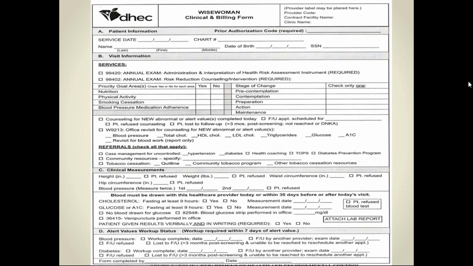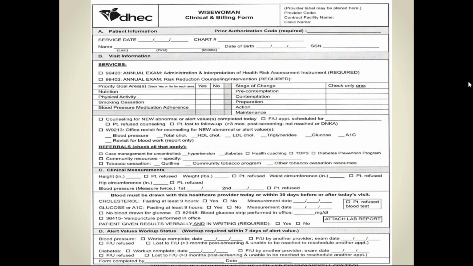That is a code that you would check on a separate form, not with everything else that's completed on the form. This needs to be on a separate form with just that W9213 check on that form.